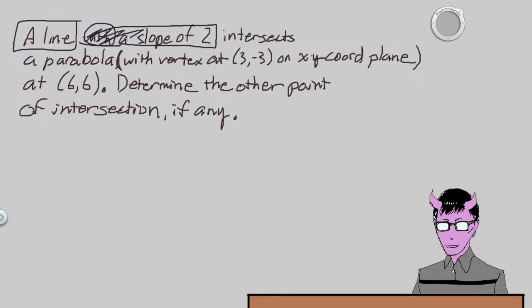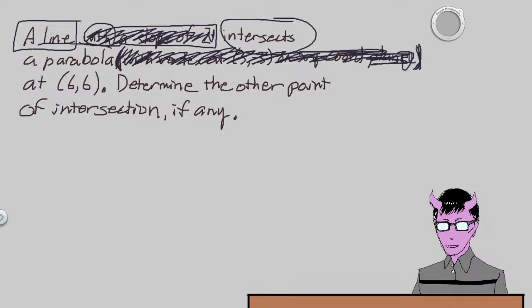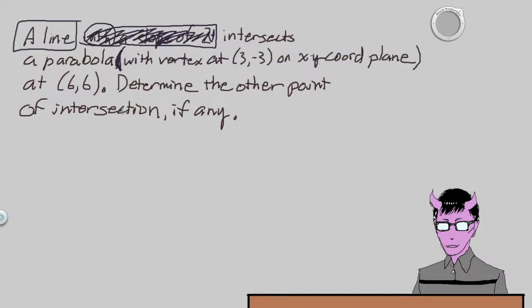So this is just extra information. So a line intersects a parabola, and then this parenthetical itself is also just a bunch of extra information. So for analytical purposes, we can just ignore it for now. So the basic sentence reads, a line intersects a parabola at 6, 6. Okay. Good to know.